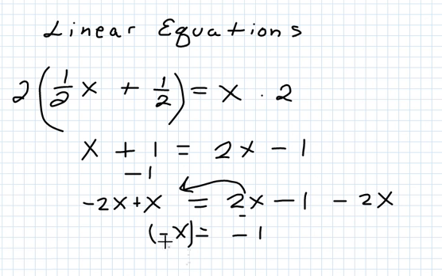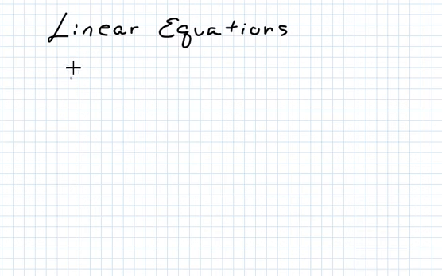Now to get rid of this negative sign, I'm going to multiply both sides by negative 1. And as you can see here, I end up with x is equal to 1. So that's going to be our solution. X is 1.